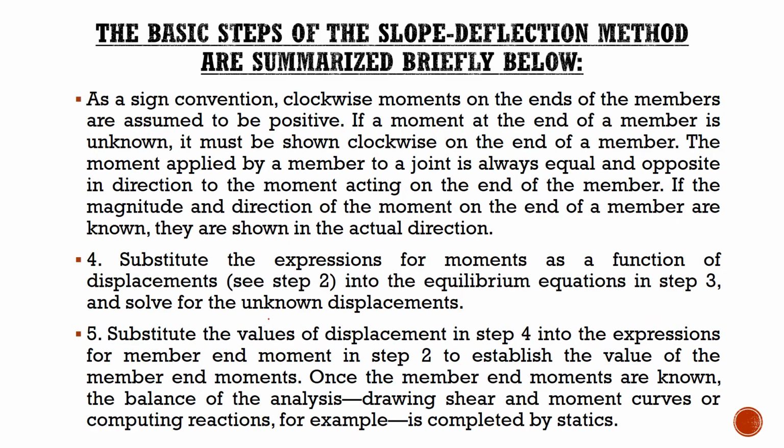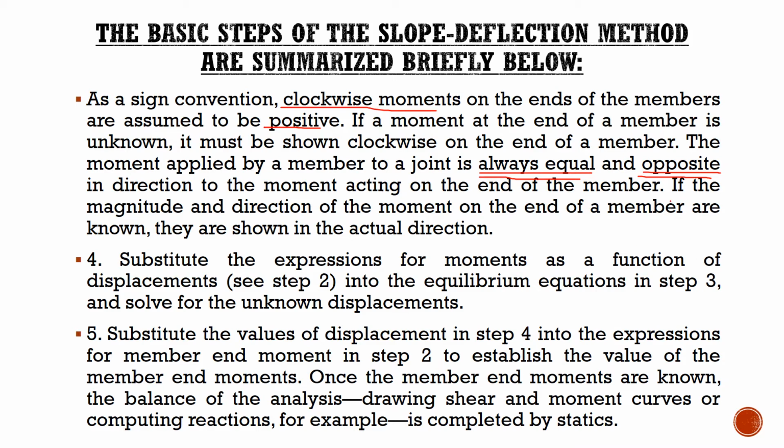Then as sign convention, let me go back, guys. So again, clockwise moment is positive. Then if the moment is unknown, it must be assumed clockwise on the end of the member. Okay, so take note of this, guys. The moment applied by a member to a joint is always equal in value but opposite in direction, as you will see in the example, acting at the end of the member.